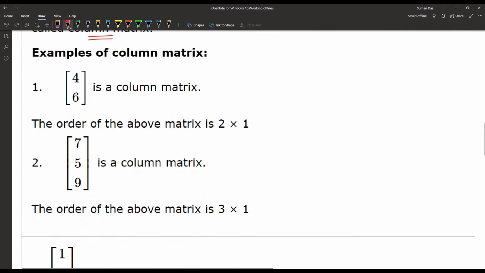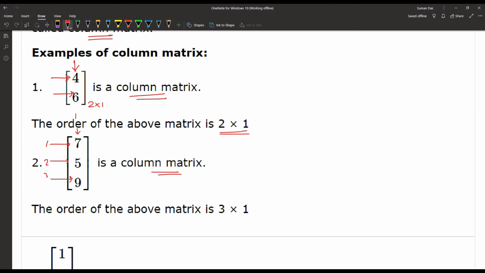Let's check the examples. The first one, 4, 6: the number of rows is 2, but the column is only 1. So we may write the order as 2 cross 1 and that is an example of a column matrix. In the second example, the number of rows is 3, but the number of columns is only 1.